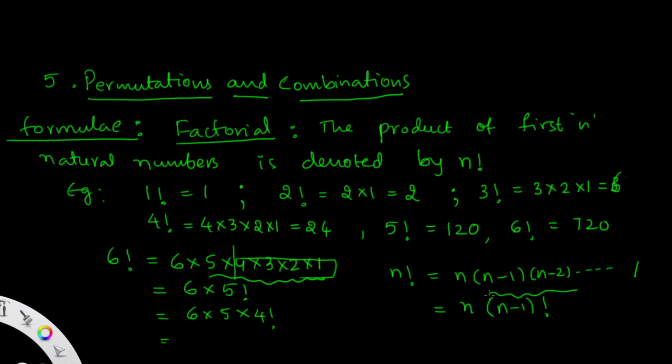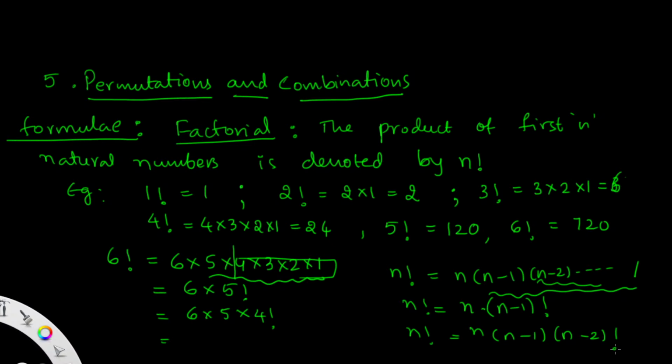Why? Because 6 factorial can be written as 6 into 5 factorial. In a similar way, n factorial is n into n minus 1 into n minus 2 factorial. That is for our convenience, so the calculation will be easy.